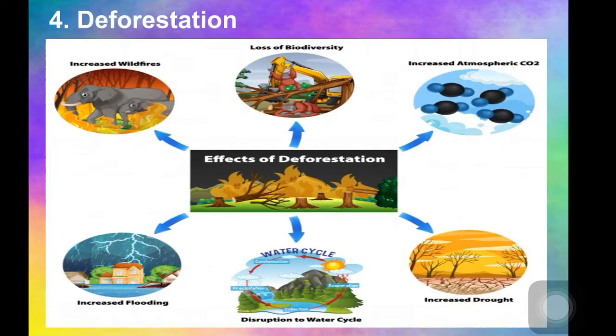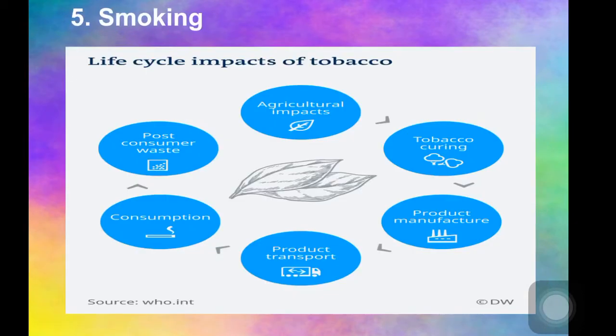In effect, this action gets rid of carbon dioxide from the air. When forests are burned and destroyed on purpose and to a tremendous extent, this storage area for carbon dioxide is removed. Thus, it increases the amount of atmospheric carbon dioxide.